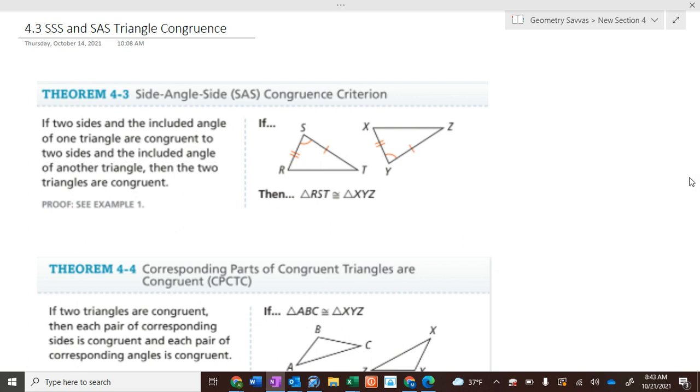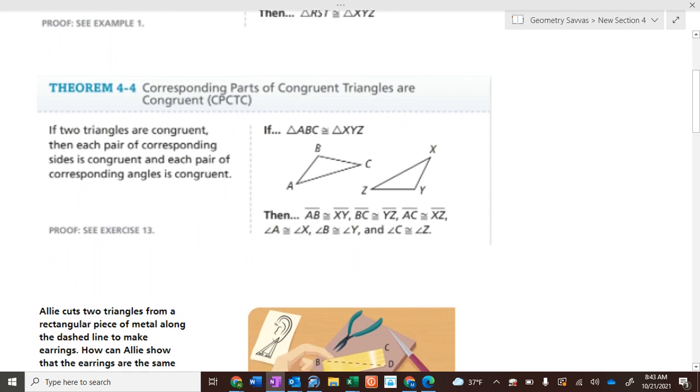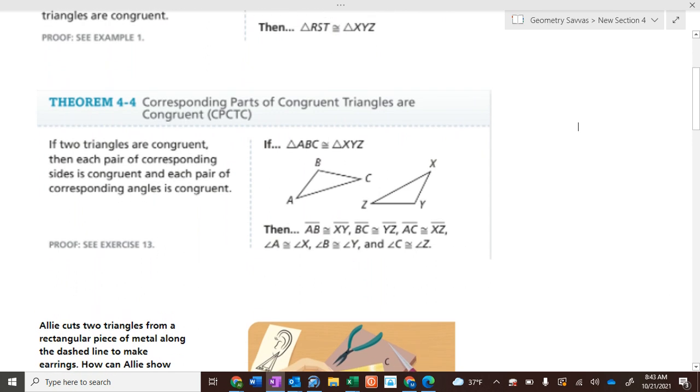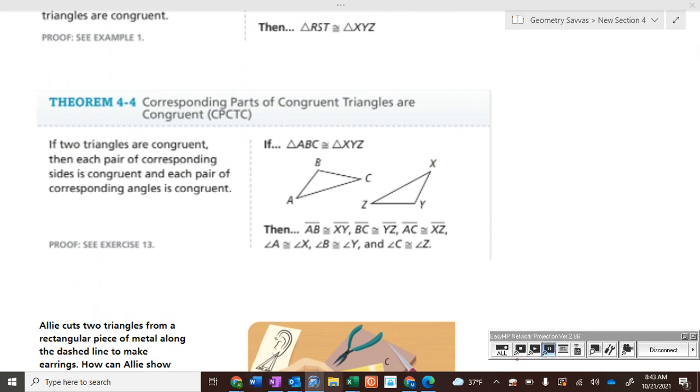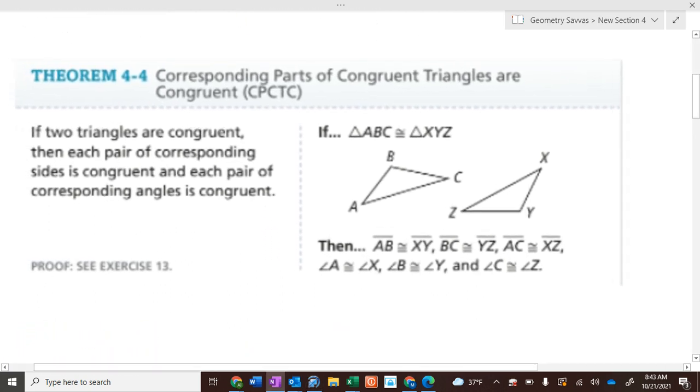So, side angle side is a way to prove triangles congruent. Now, once you prove triangles congruent, then you can say CPCTC, which is corresponding parts of congruent triangles are congruent. So, let's say we know that this triangle is congruent to this triangle by side angle side.